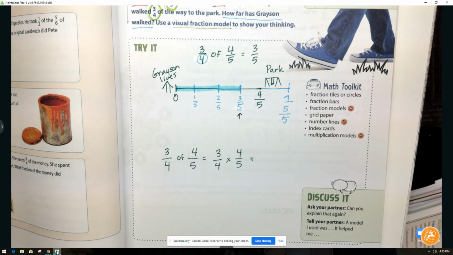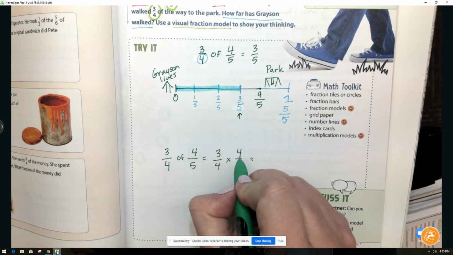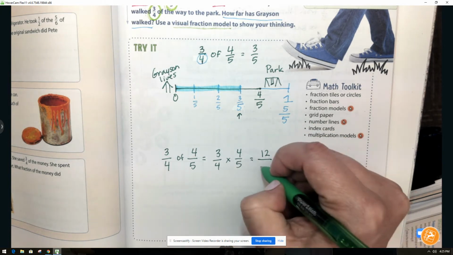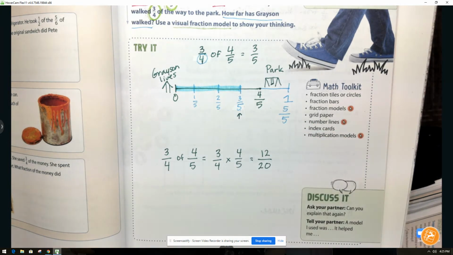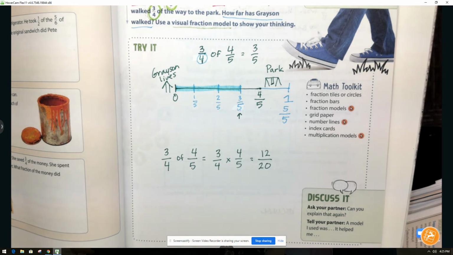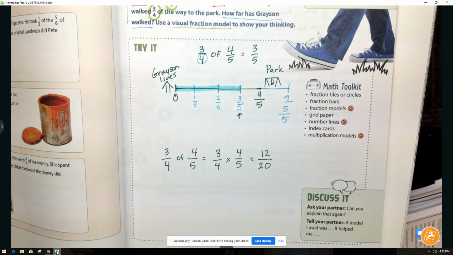If we solved that the way that we know how, by multiplying our numerator times our numerator and our denominator times our denominator, we would get 3 times 4 is 12. 4 times 5 is 20. Now, this is interesting because we got our answer as 12/20, but up here the answer we got was 3/5. Do those things mean the same thing?